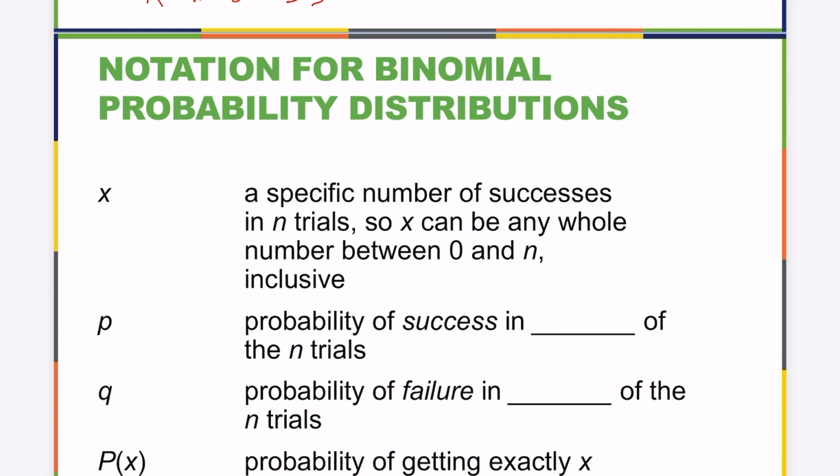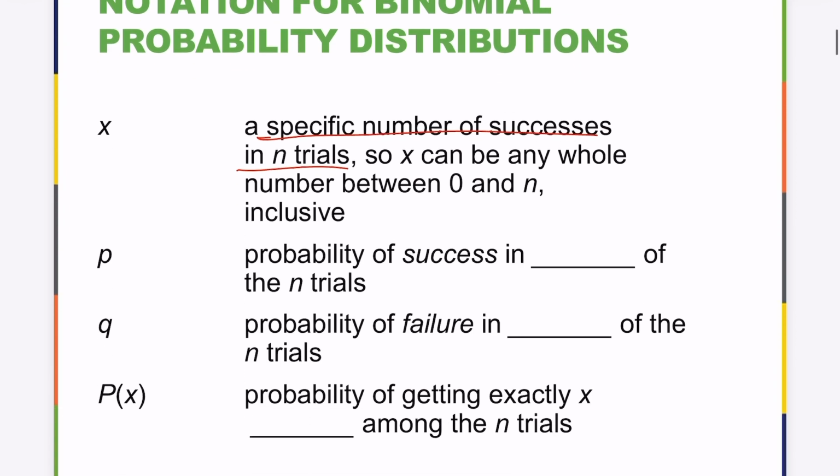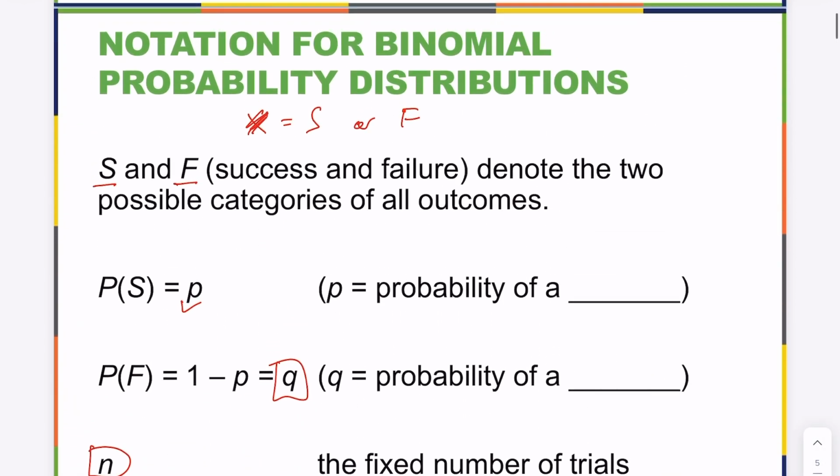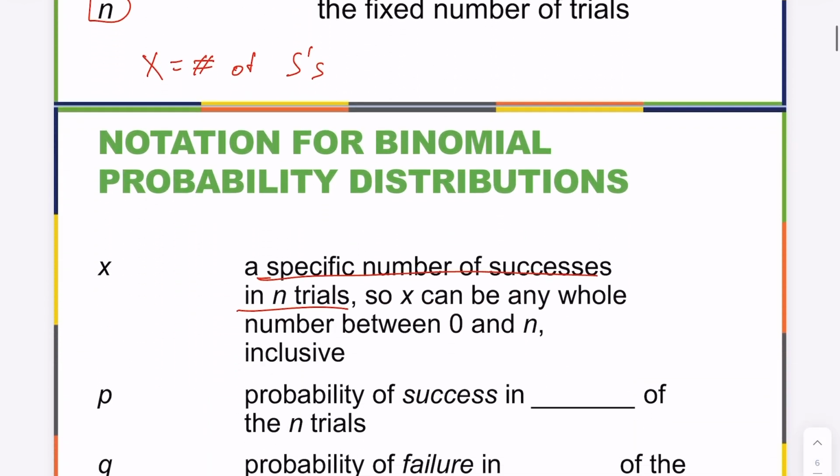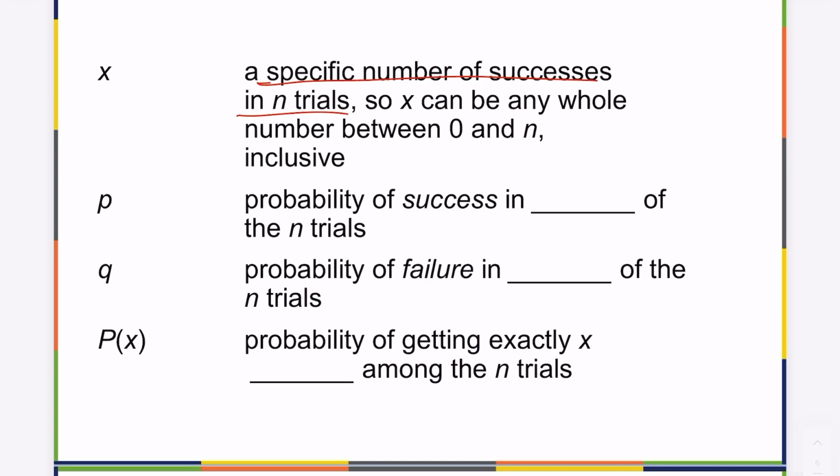Okay, X, a specific number of successes in N trials. P is the probability of success. Q is the probability of failure.